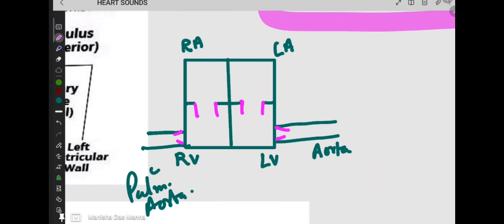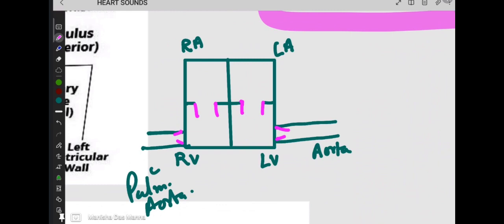Now, what happens during ventricular systole? It means when the ventricles, both left and right ventricles, start contracting, what happens? There is a tendency of backflow. I am just briefing this here. I will discuss everything about S1, S2, and every heart sound later on.